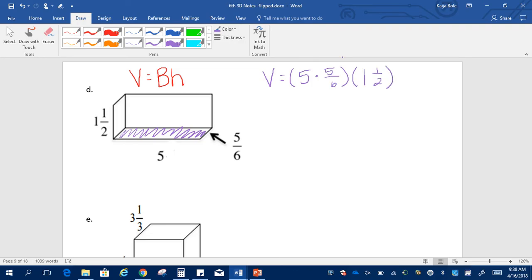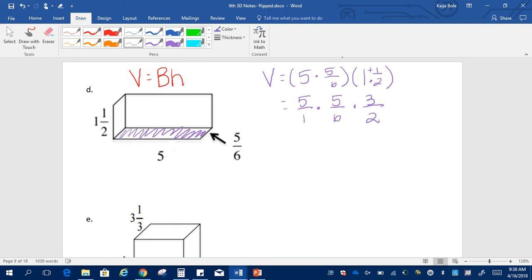So first we need to change, remember, all of our mixed numbers to improper fractions. So our 5 becomes 5 over 1 times 5/6, and then to make this an improper fraction, 1 times 2 is 2 plus 1 gives us 3, so this is 3/2.